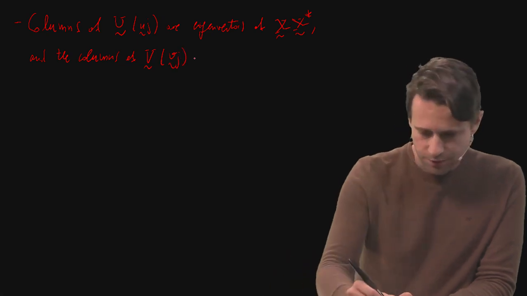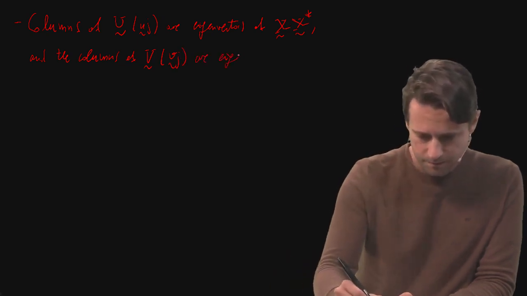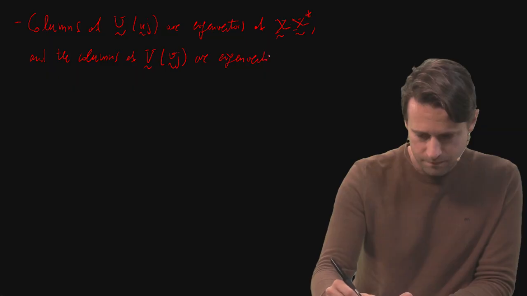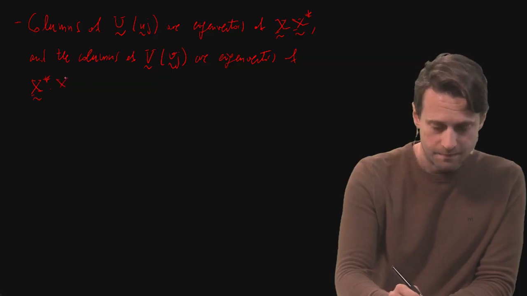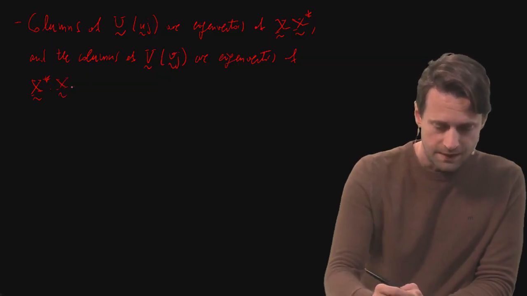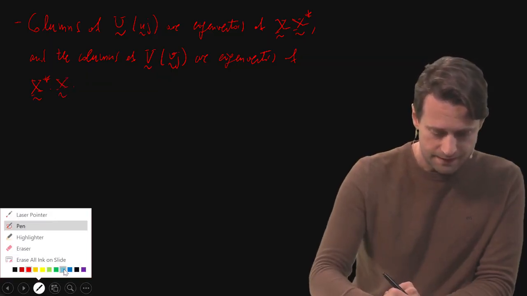These are eigenvectors of X star times X. Okay, this is where we left it in the last class.